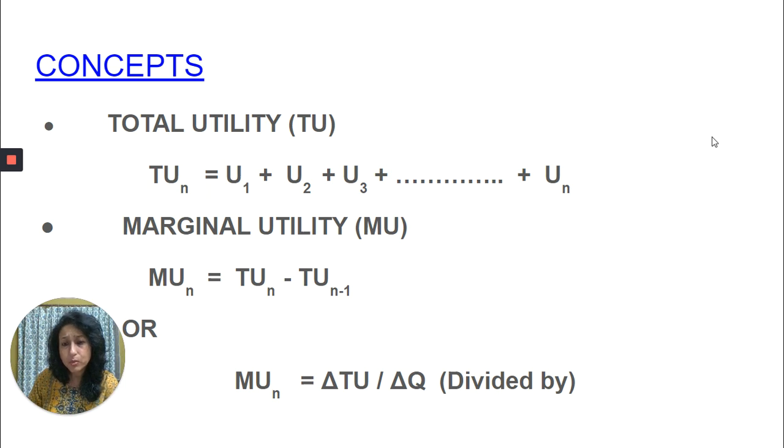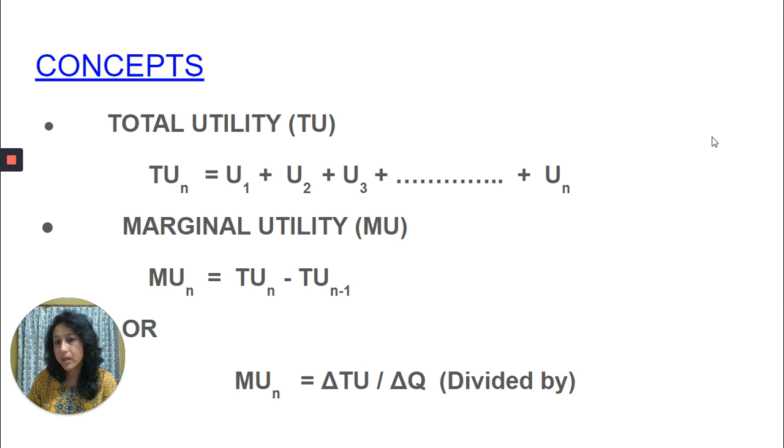So total utility from 5 samosas minus total utility from 4 samosas gives us the marginal utility, or the additional utility from the last, the 5th samosa consumed. Okay? So that is the concept of marginal utility.